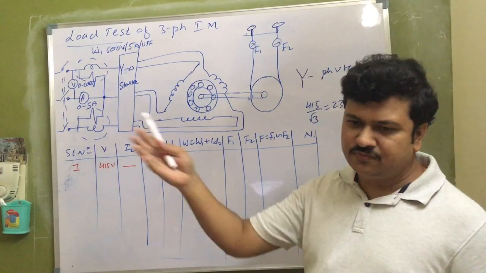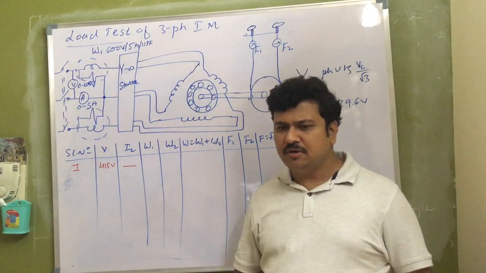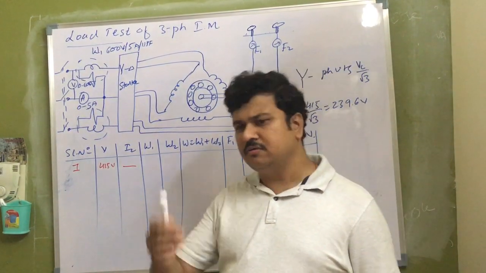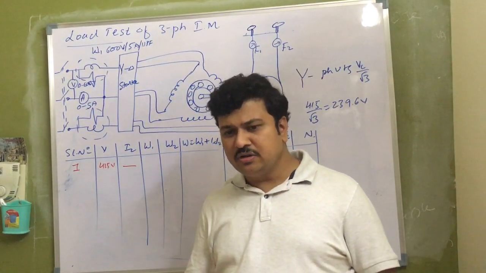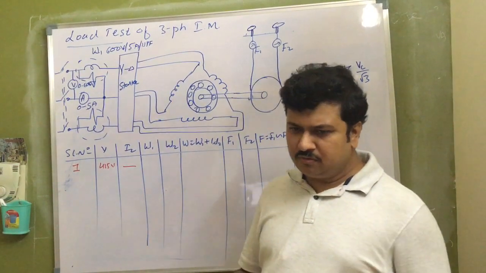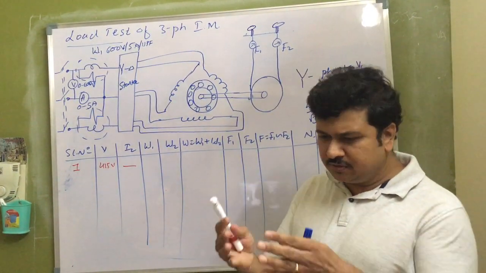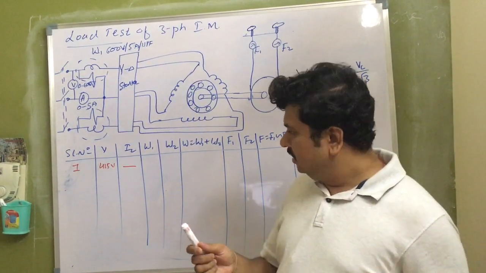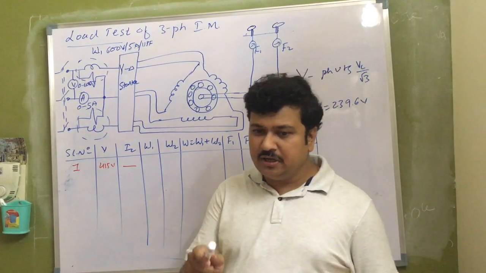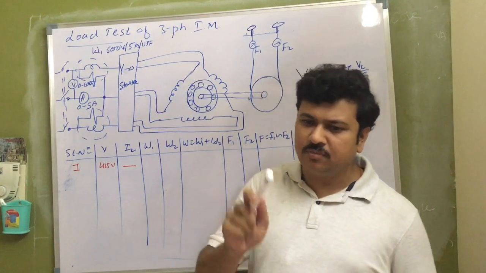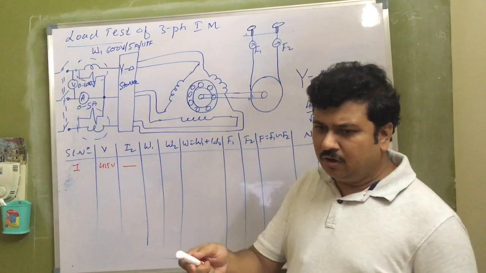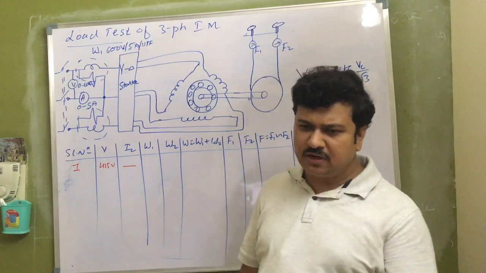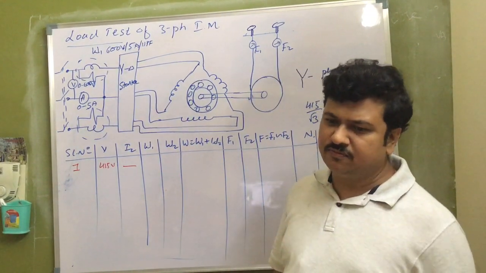We have to give readings for so many groups. But generally, at least when taking the readings, if you cannot observe the variation in the readings, at least during calculations, sit quiet for at least 5 minutes and observe the readings, how the readings are obtained. The way the readings are obtained will tell you how the machine is operating. See, you need not worry about the nature of the graph only after plotting the graph. Just if you observe the readings, you will get to know the nature of the graph.